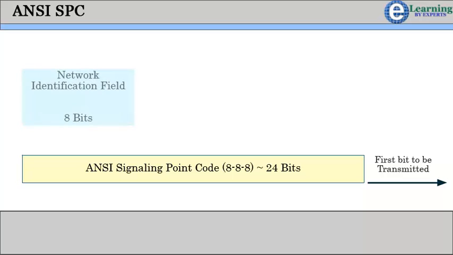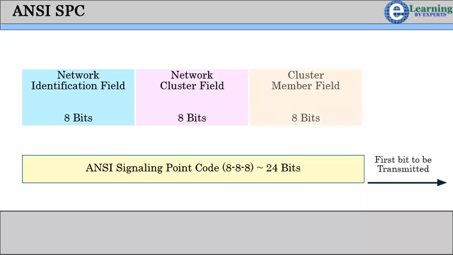The first 8 bits identify the network operator or service provider, called the network identification field. The middle 8 bits identify the cluster or geographical area within the network. The last 8 bits identify the cluster member, which is the signaling endpoint, SEP.